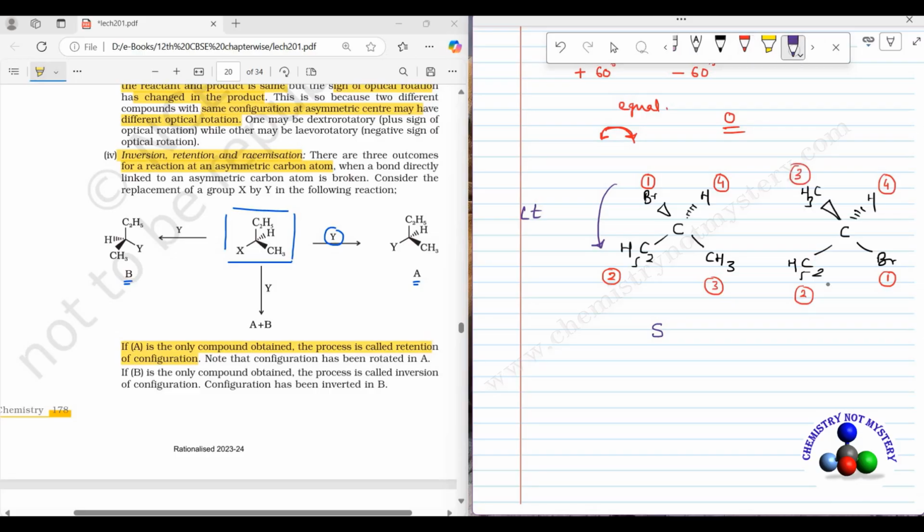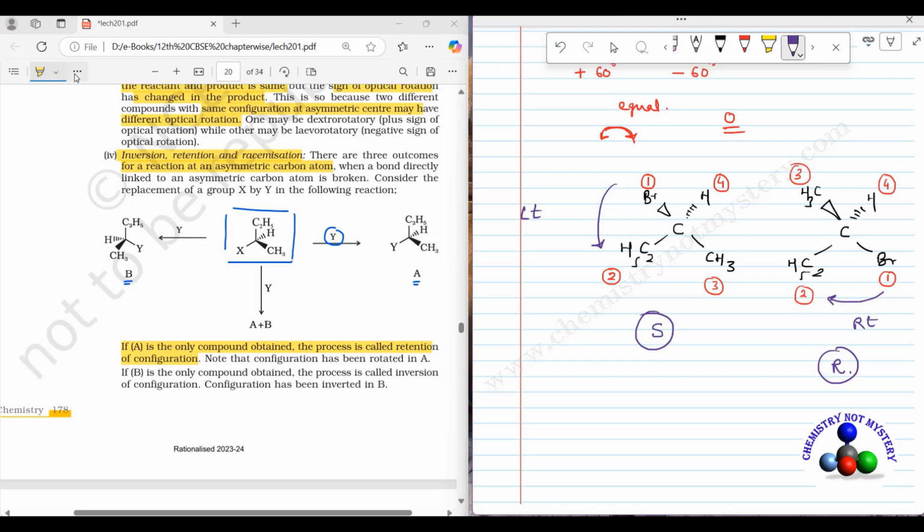Now again draw an imaginary arrow from first to second. So here you will get the arrow in the right direction, so the configuration of this molecule will be R, and the configuration of the earlier molecule is S. So that's how you will get different configurations by the different positions of the groups attached to the chiral carbon.